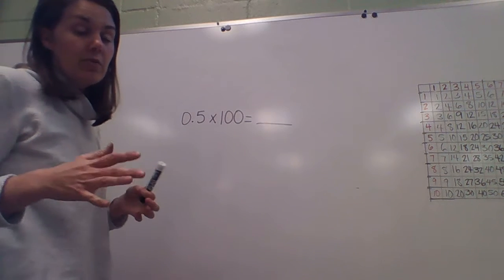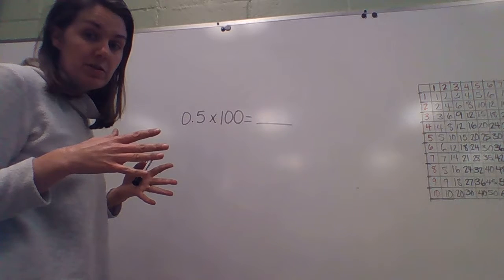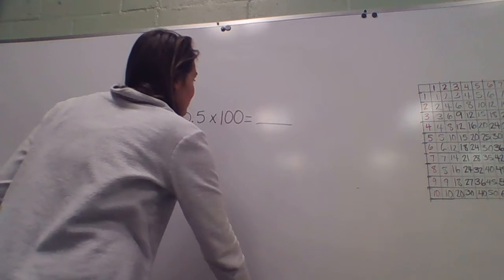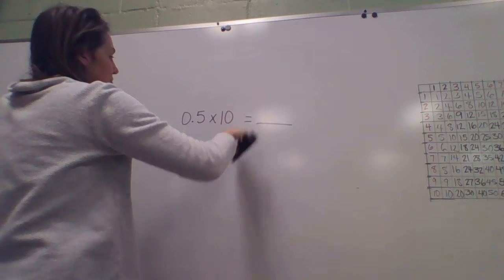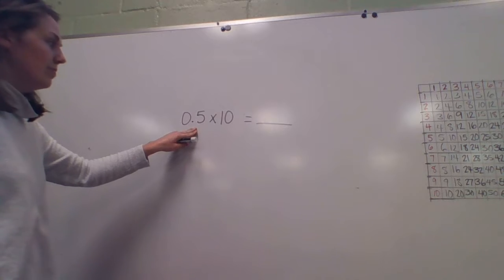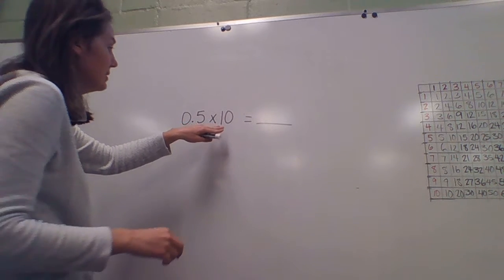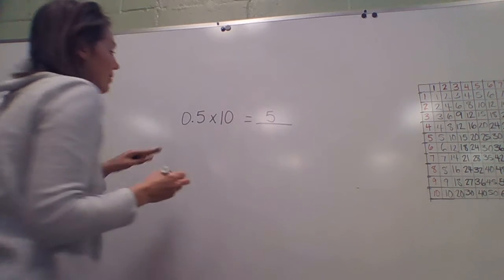Let's go ahead. Remember, just like our work with multiplication, when we have a problem that we don't know how to solve, oftentimes we'll think about how to make the problem easier. So how I'm going to make this problem easier is I'm going to temporarily ignore that extra 0, because I know that if I have 5 tenths multiplied by 10, that's going to give me the same thing as 5, right?